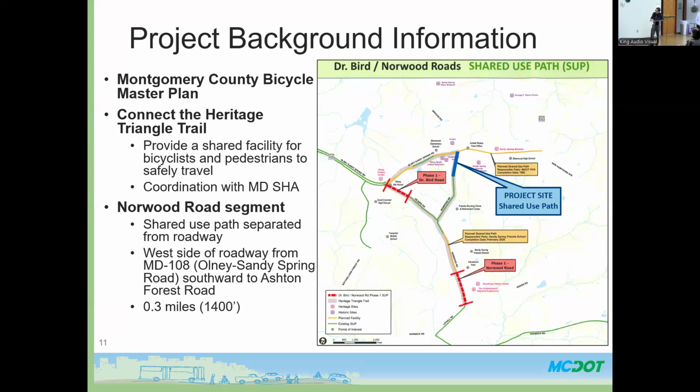To dive into some of the projects itself, what you see in red along Dr. Bird Drive is another project that's running a little bit ahead of the projects that we're here to discuss today. That is, I think, at about 100% design right now, and then falling right after that.